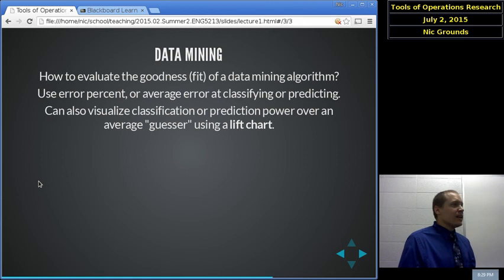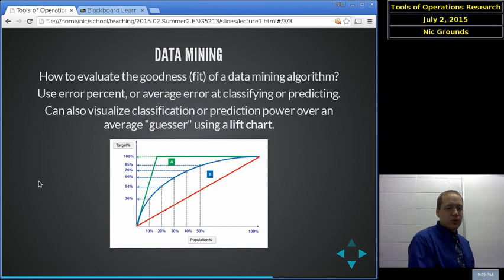That is, if I built a data mining algorithm that guessed whether or not students graduated and it got it wrong 15% of the time, that's bad, because if I just guessed everybody graduates, I'd get it wrong only 10% of the time. So obviously I want an error less than that. So the lift chart will visualize that for us.